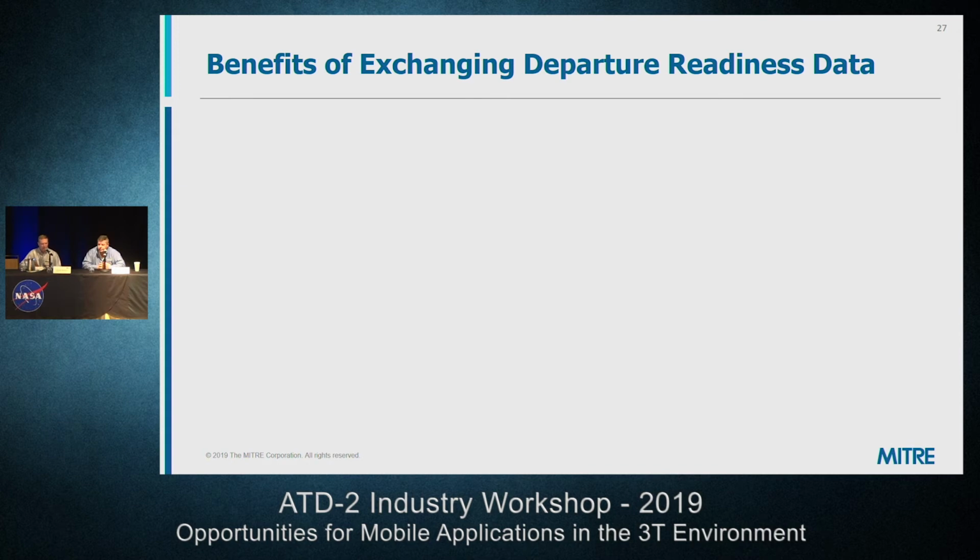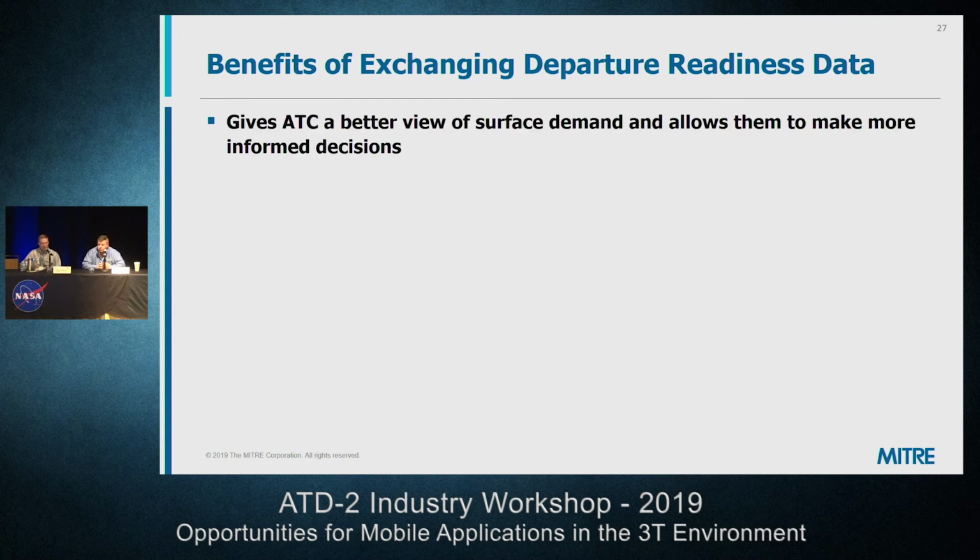So the benefits of this range not just for ATC, although it definitely gives ATC a better view of what the demand is going to be on the surface, to allow them to make better decisions about what sort of initiatives to put into place, as well as what sort of bounds to put on those.